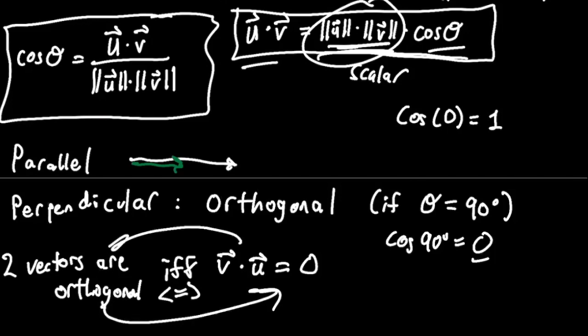We could also see that the dot product being equal to 0 means that either the magnitude of one of them is 0, so looking back up here, either the magnitude of U is 0, the magnitude of V is 0, or we end up with cosine of theta equal to 0. So assuming these vectors have a magnitude, the only result that gives us 0 is cosine of theta being equal to 0, which means that theta is 90 degrees. So looking at parallel and perpendicular vectors specifically.